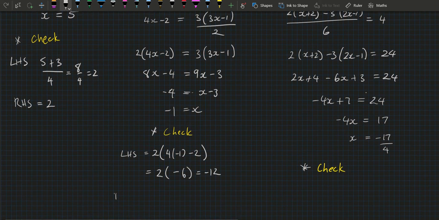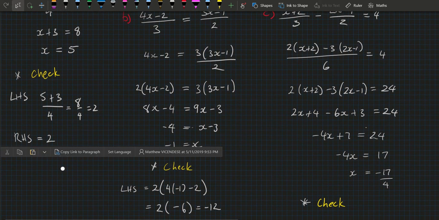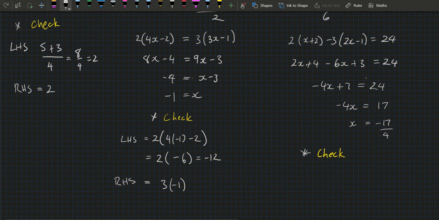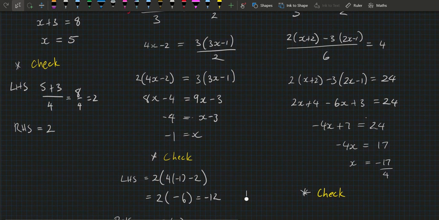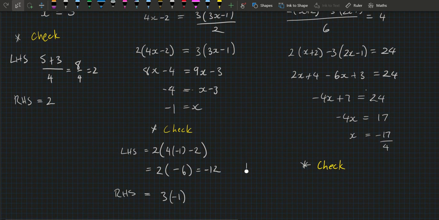And my right hand side will equal 3x minus 1 on 2. So 3x, so 3 times minus 1. I made a mistake here. Which one did I do? Oh, silly me. All right, let's go back, get rid of that.